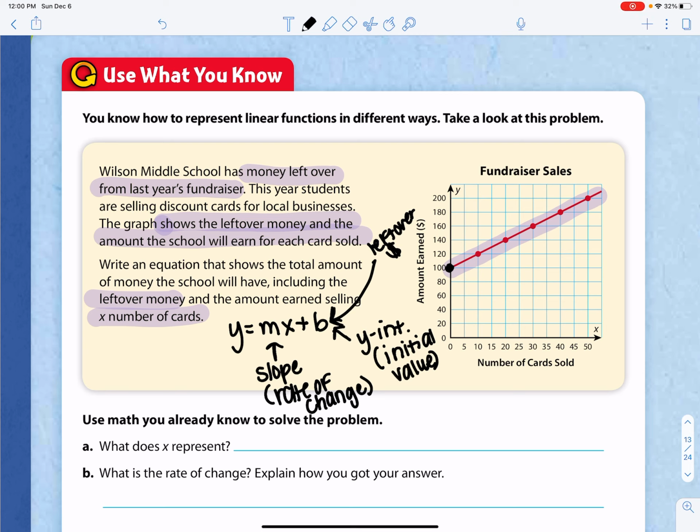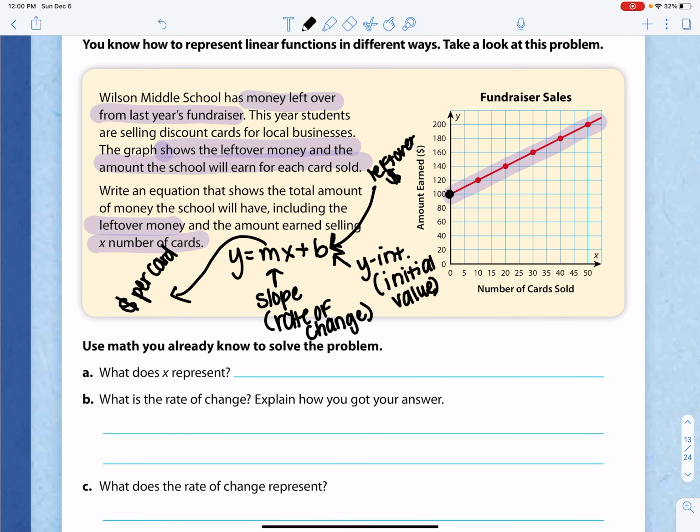Whereas the slope is going to represent how much money they're charging per card, the cost per card. Then A asks, what does x represent? In our original problem, x is the number of cards.